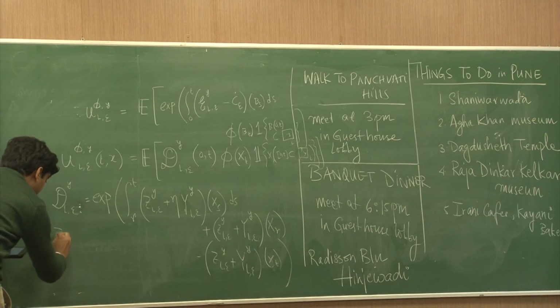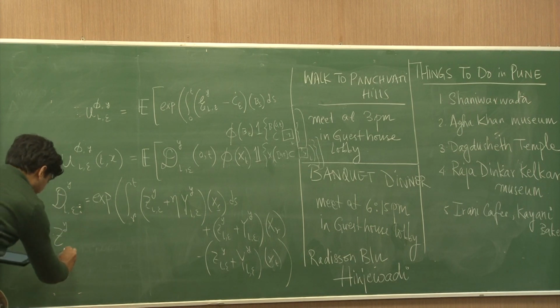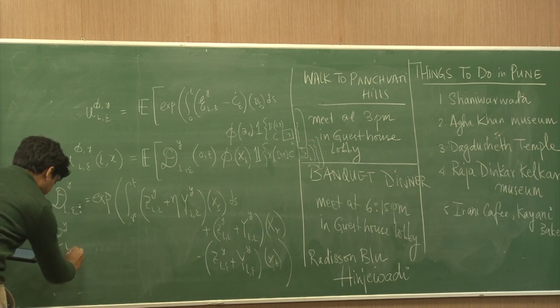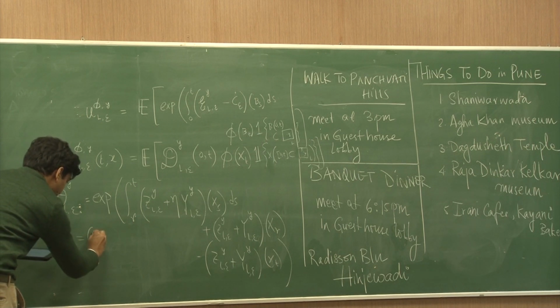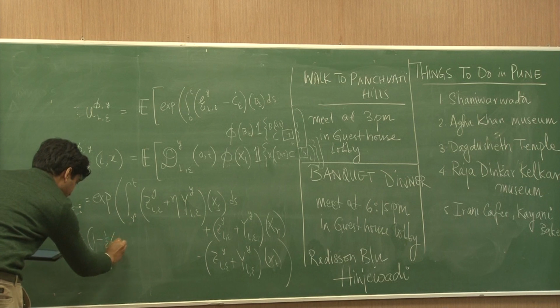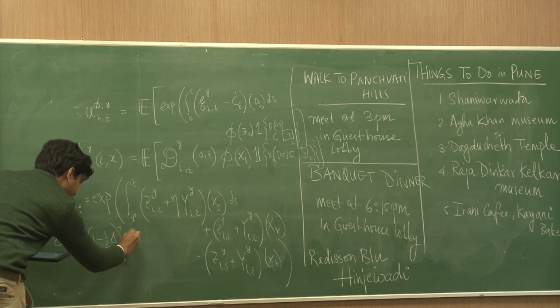So this Z epsilon is basically 1 minus 1/2 times the Laplacian, inverted, applied to the noise.